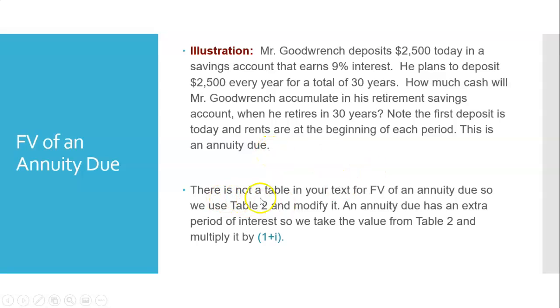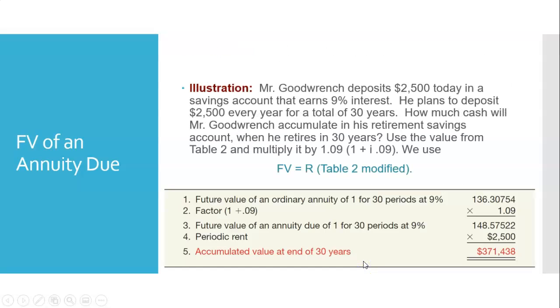There's not a specific table in your text for the future value of an annuity due. So we're going to use table 2, which is for an ordinary annuity, and then modify it by multiplying by 1 plus the interest rate. Here is where we solve this.